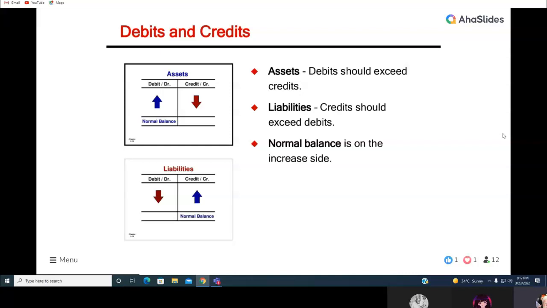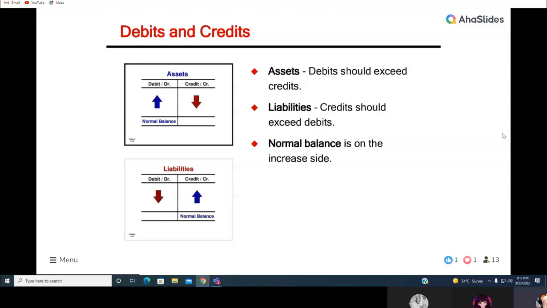So the assets are on the left-hand side of the equal sign, and they're going to increase by recording them on the left-hand side of the T account. That's that. The liabilities are on the right-hand side of the equal sign.